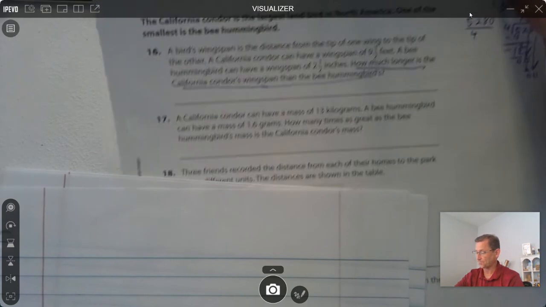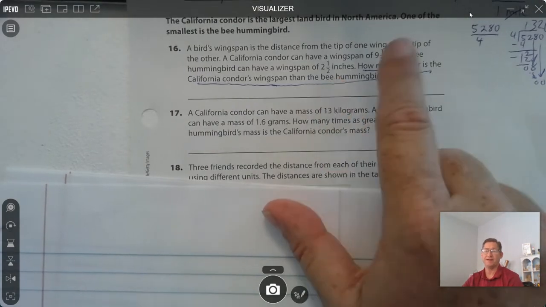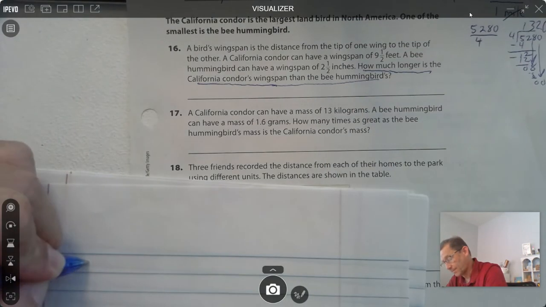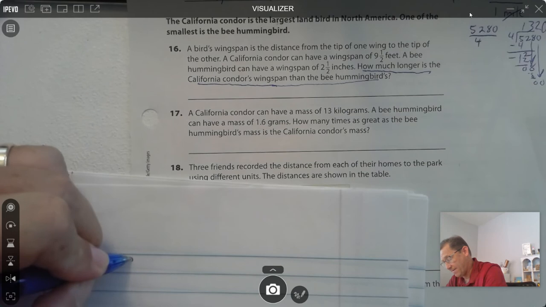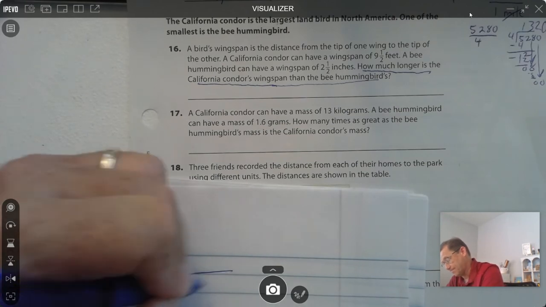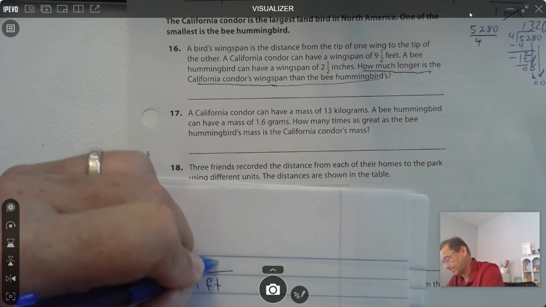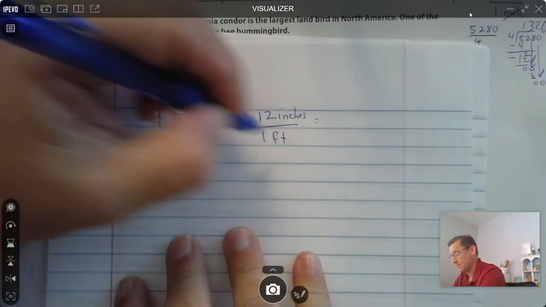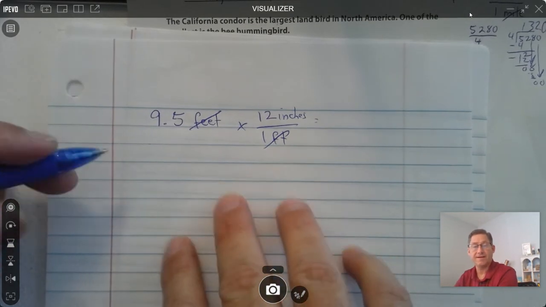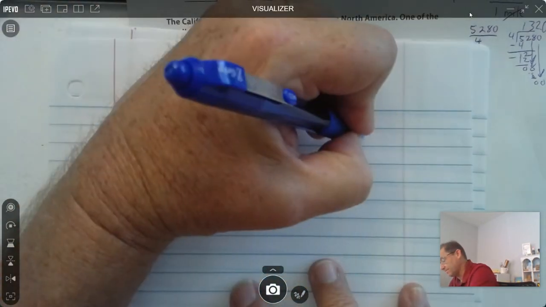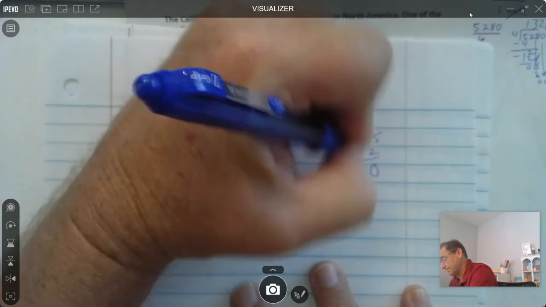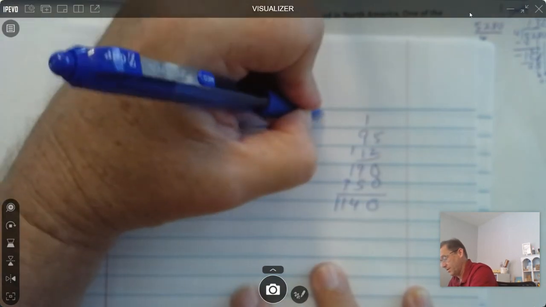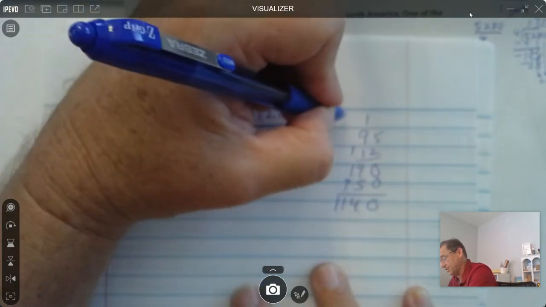Well, I'm not going to convert 2.5 inches into feet. It's easier to convert 9.5 feet into inches. So I'm going to write 9.5 feet and convert that into inches. But the feet can be divided out, so 9.5 times 12. So 114 inches.